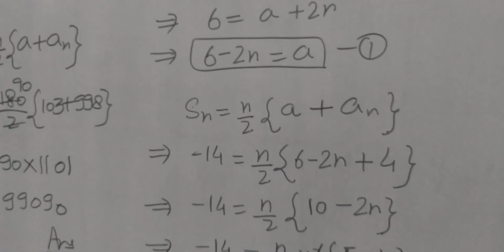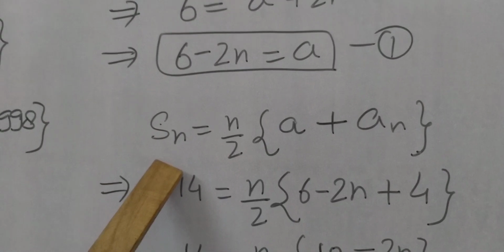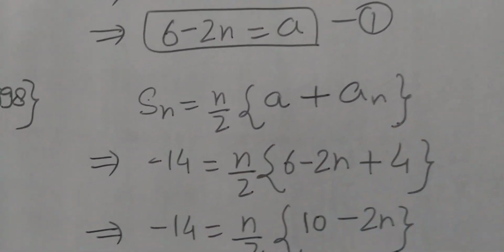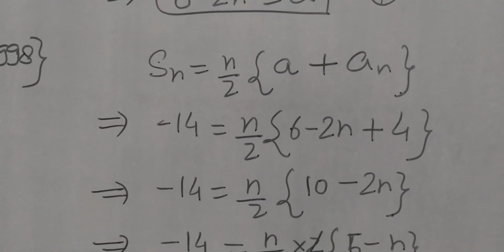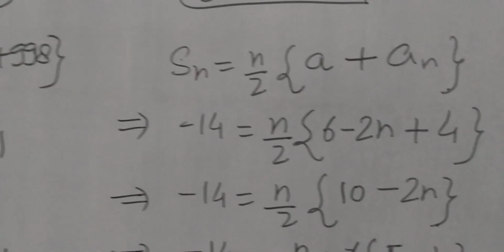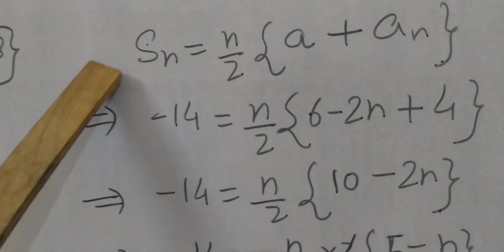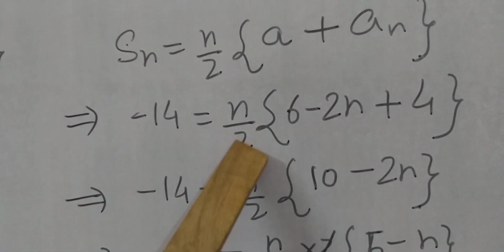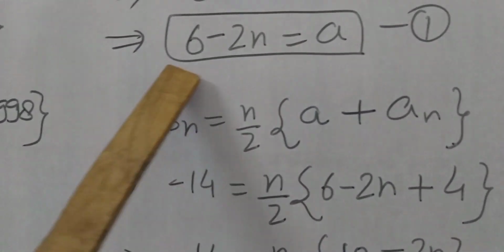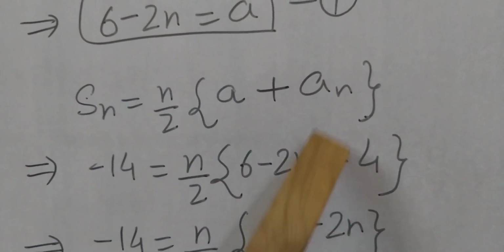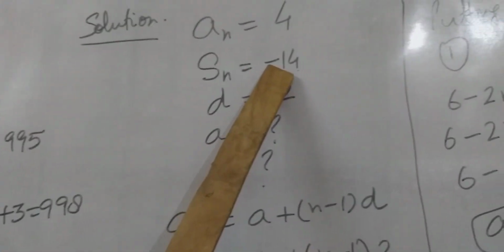Correct student? Now the sum formula, Sn equals n upon 2 (a plus an). If you want to apply n upon 2 (2a plus (n minus 1)d), it is also correct. Sn is minus 14, n as it is, a is 6 minus 2n, an is given to us as 4.